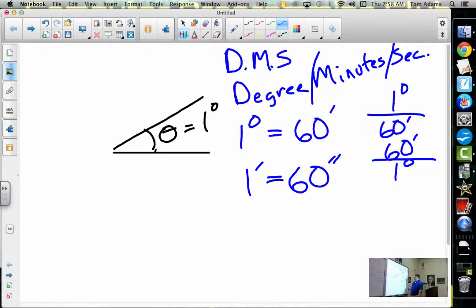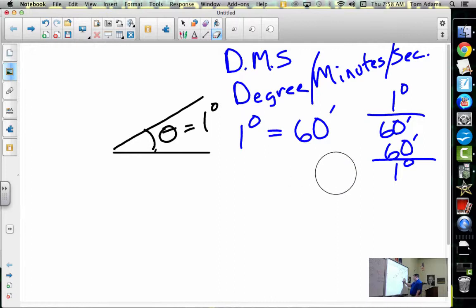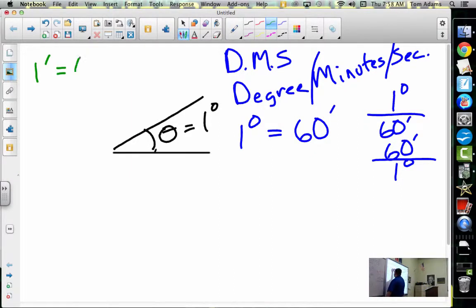And so for that conversion factor, let's write this in a different color so you know that it's a different conversion factor. 1 minute is equal to 60 seconds, or 60 seconds is equal to 1 minute.